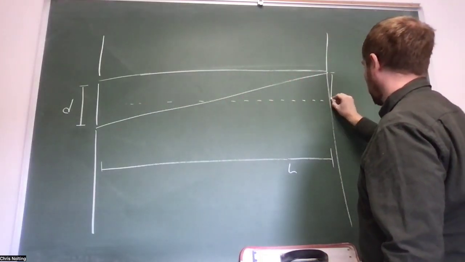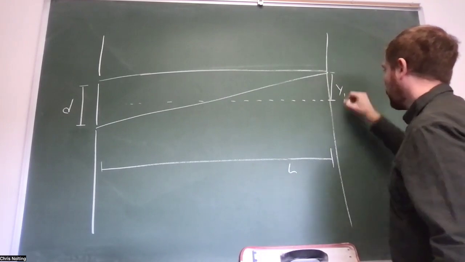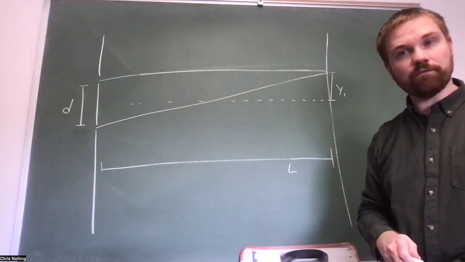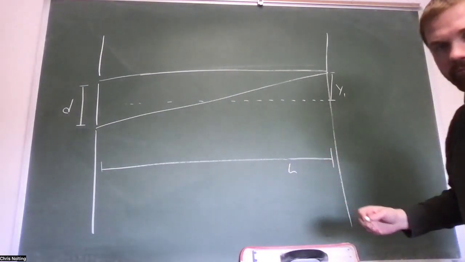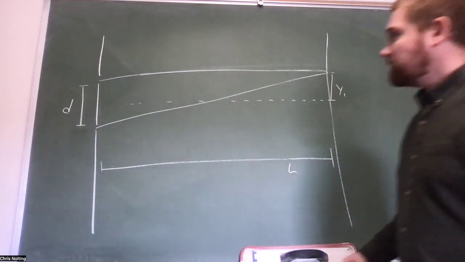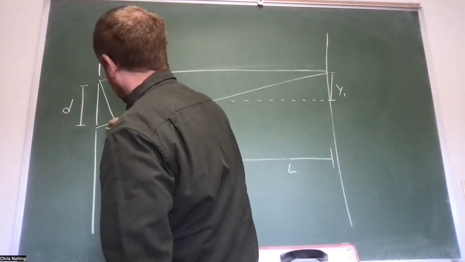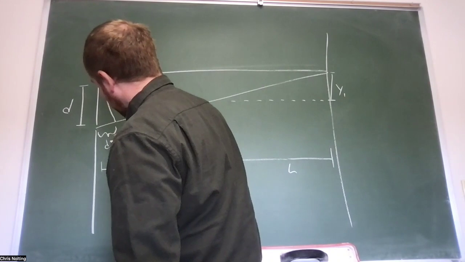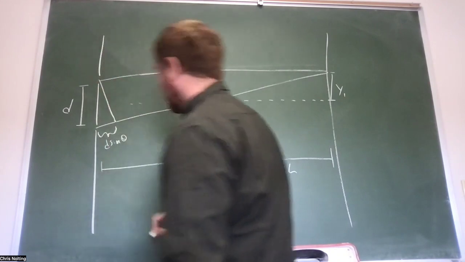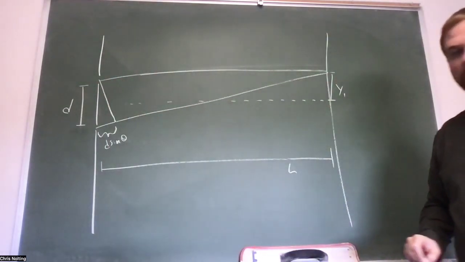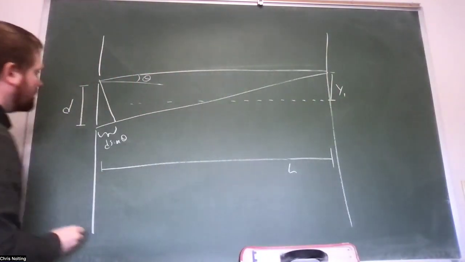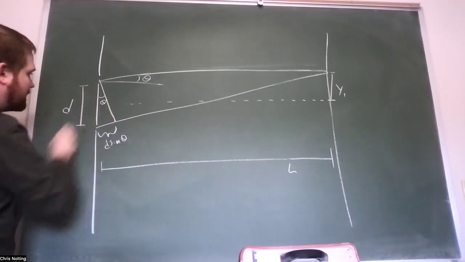There's the center, then this would be, say, like Y1 for the first location where they are interfering constructively away from the central maximum. So the difference in path length is then d sine theta, where theta is this angle here, which is the same as this angle here.